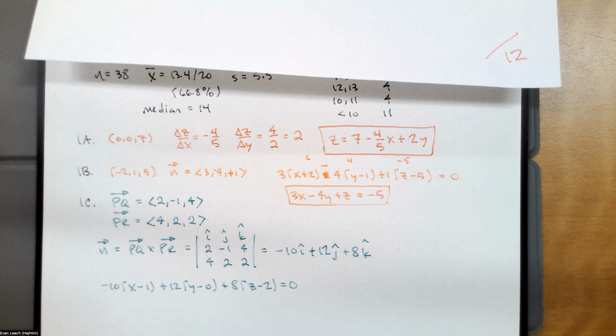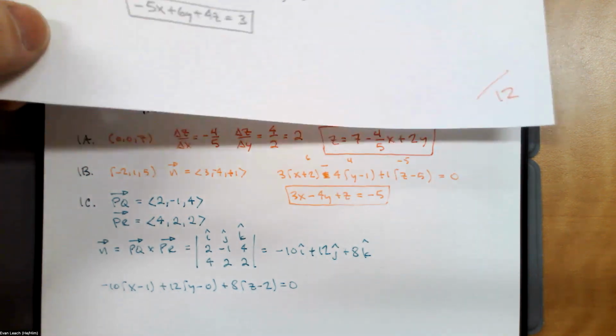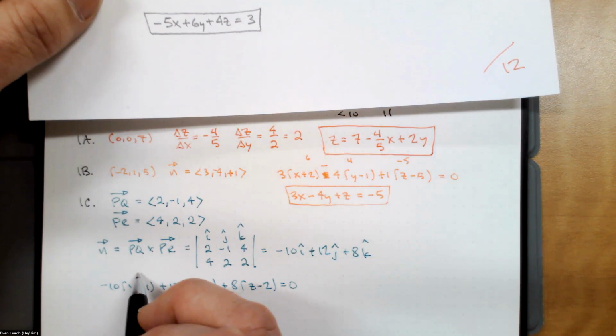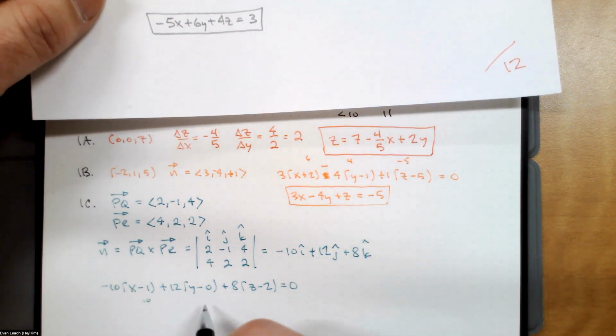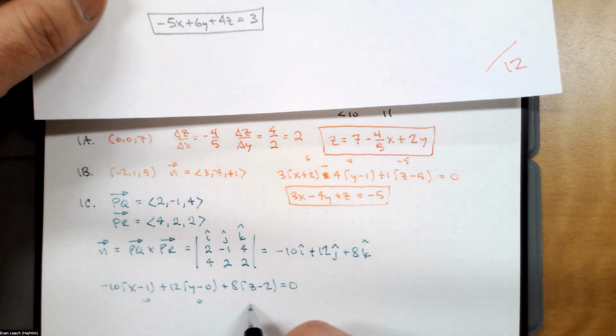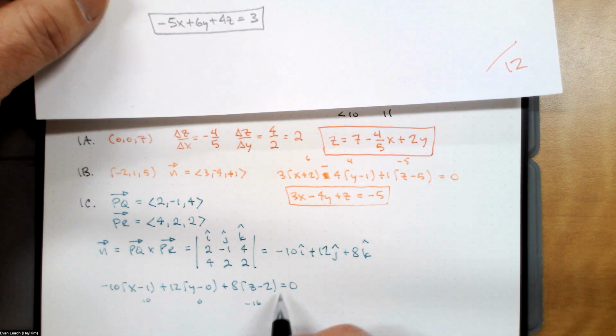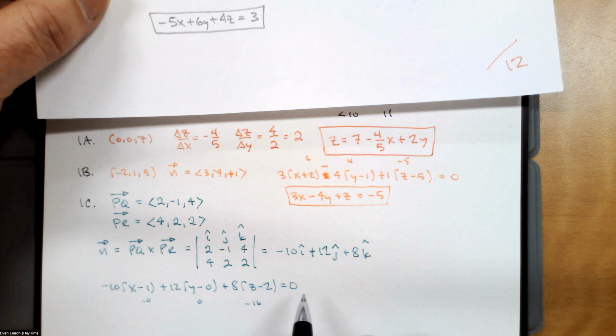If we multiply this out, actually, if we divide by 2, I divided by 2. If we multiply this out, we can get the standard form with the constant on the other side. So this is going to be a 10. This is going to be a 0. This is going to be a negative 16. So 10 minus 16 is a negative 6 on this side, positive 6 on the other side.